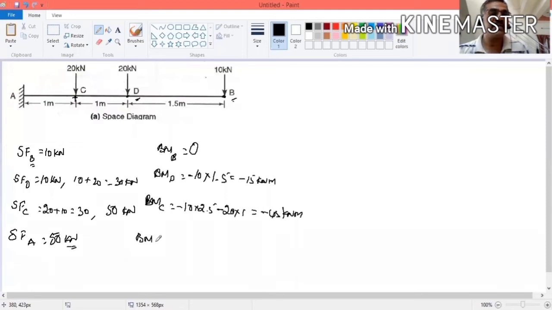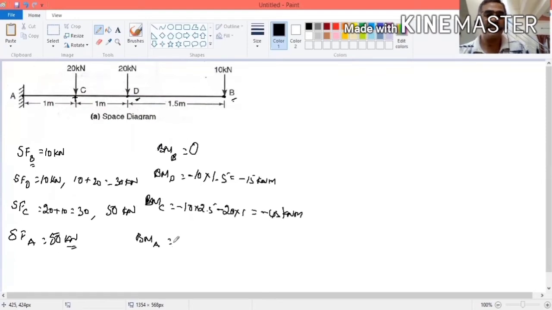Bending moment at point A. Here there are 3 loads. One is 10. We are calculating now about A. Bending moment about A, total distance 1 plus 1.5 plus 1, that is 3.5.